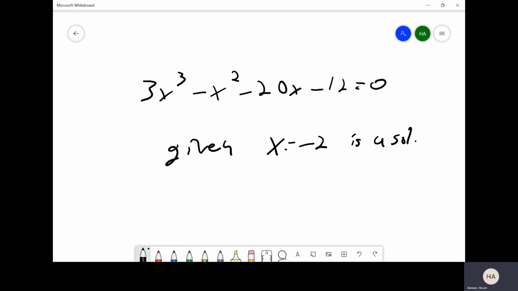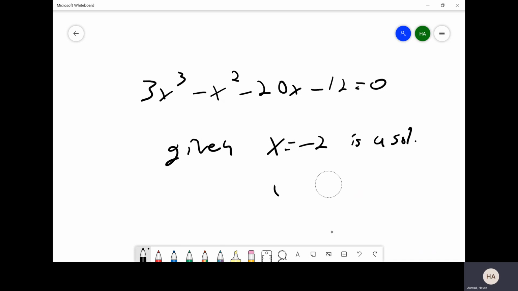So how are we going to approach this? Well, if I know that -2 is a solution, then that tells me that x plus 2 is a factor of the above polynomial.